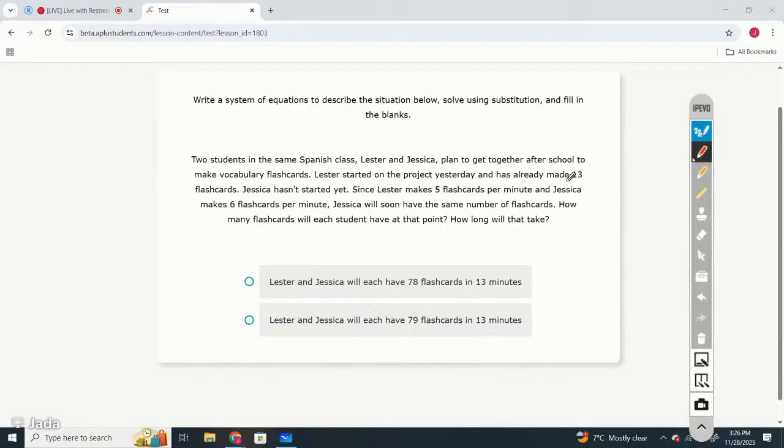Lester makes 5 flashcards per minute and Jessica makes 6 flashcards per minute. How many flashcards will each student have? How long will it take?